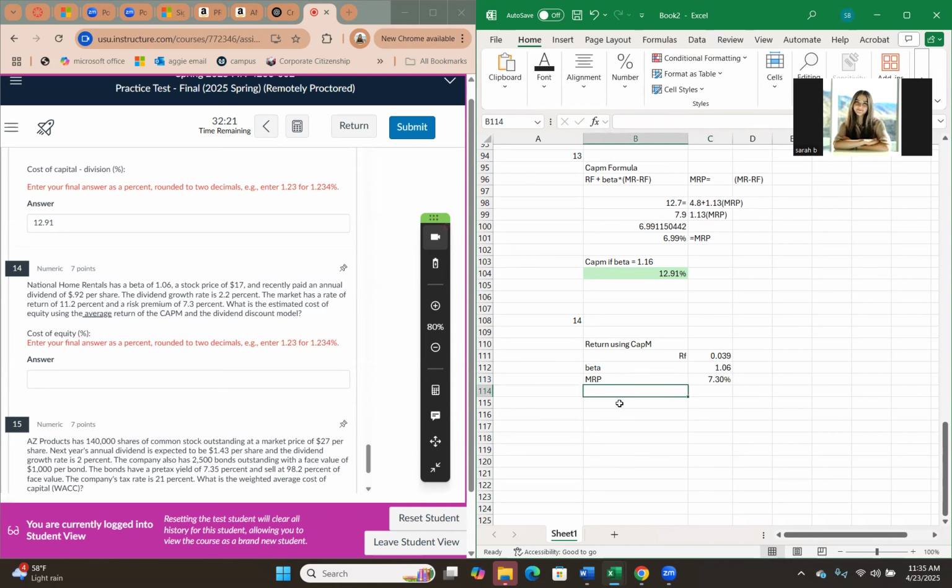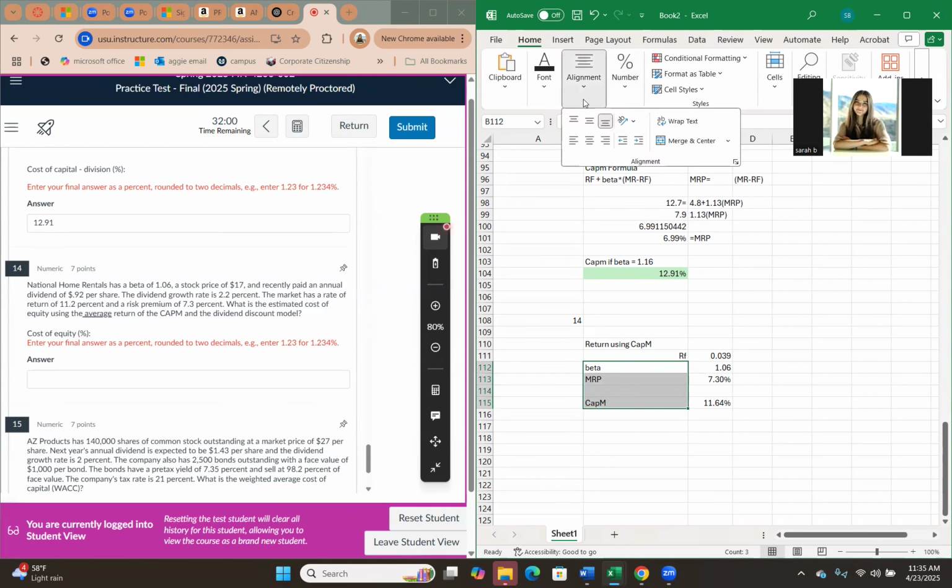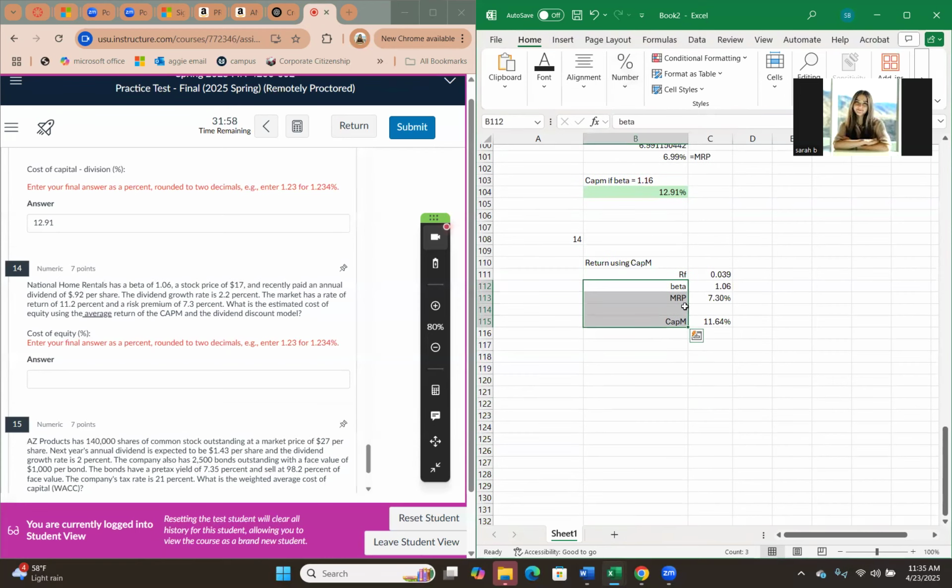So now I'm going to calculate the CAPM, which is risk-free rate plus beta times MRP. Let's turn this into a percentage. 11.64%. Sweet. Sorry, there's a lawnmower going by. Okay, so now we've got the return for CAPM.